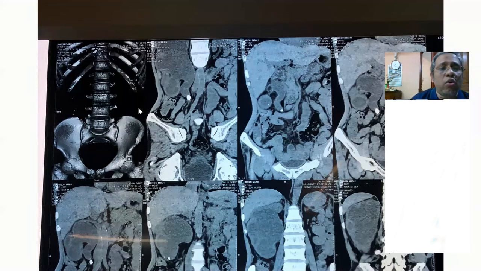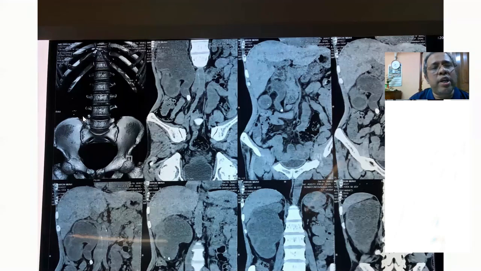This is why: this is the ureter, this is the pelvic junction, and the stone lies at the level of the first, second, third, fourth and fifth lumbar vertebra. In the very beginning of the obstruction, the stone must lie at that level.